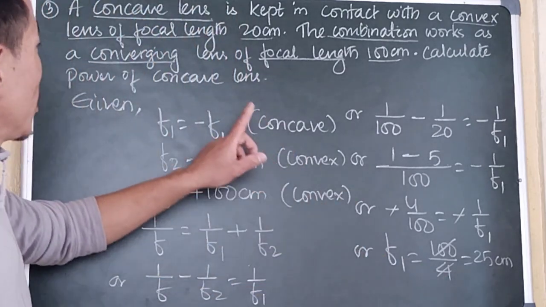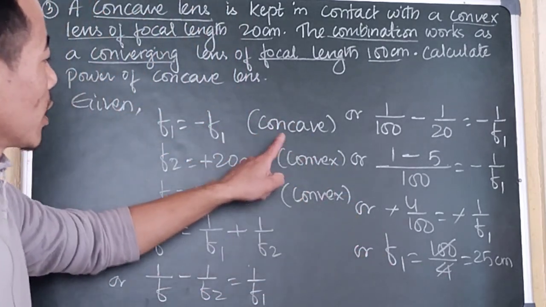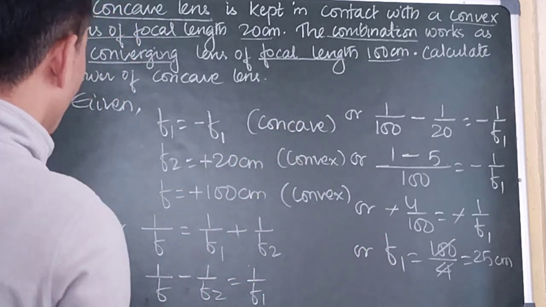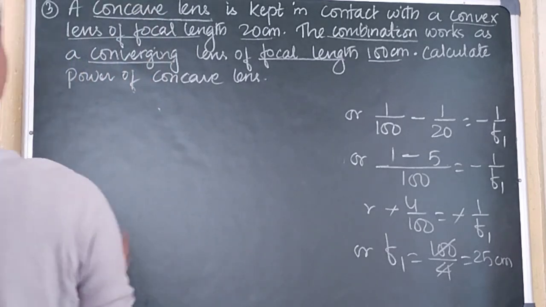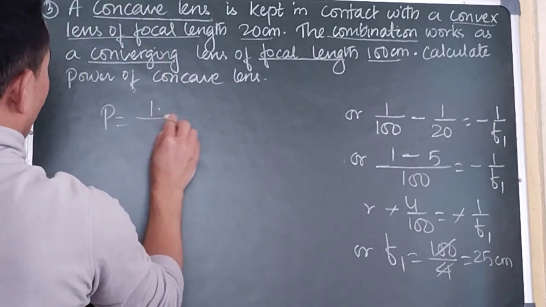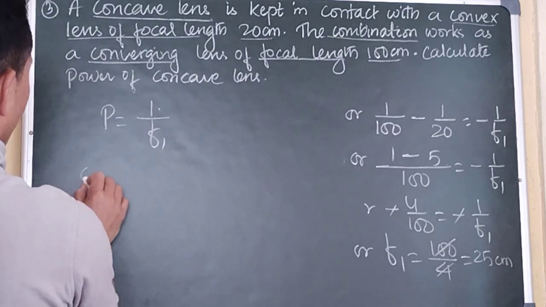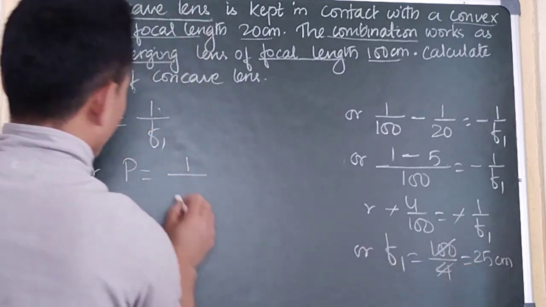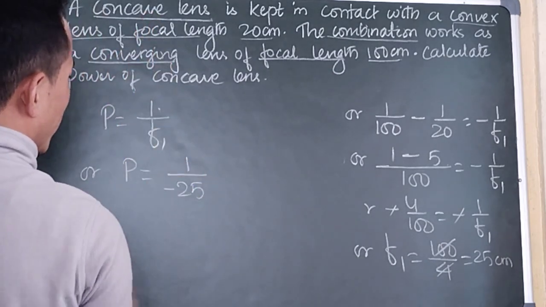Now the question they have asked is to calculate the power of the concave lens. This is the focal length of the concave lens, so now we need to calculate its power. The formula is P is equal to 1 by f1, since f1 is the focal length of the concave lens. So P is equal to 1 divided by 25 centimeter, and since we are talking about a concave lens, it will have a negative sign.